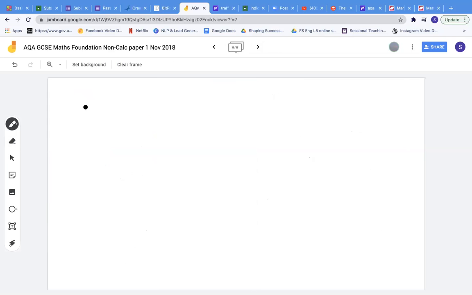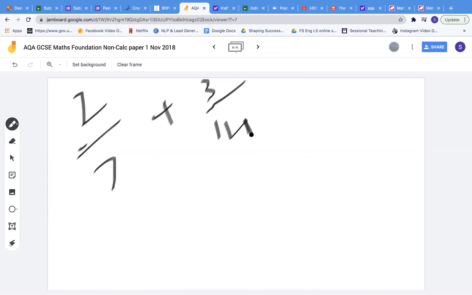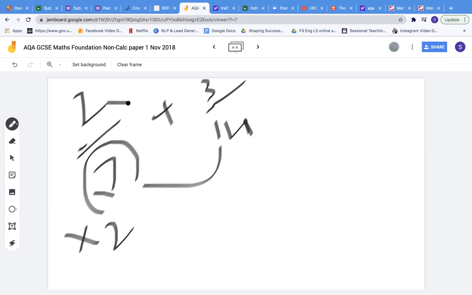If you've got, say, for example, 2 over 7 plus 3 over 14, then fine, we can work with the 14. We have to bring the 7 up to a 14 by multiplying the denominator by 2, and then we have to multiply the numerator by 2.